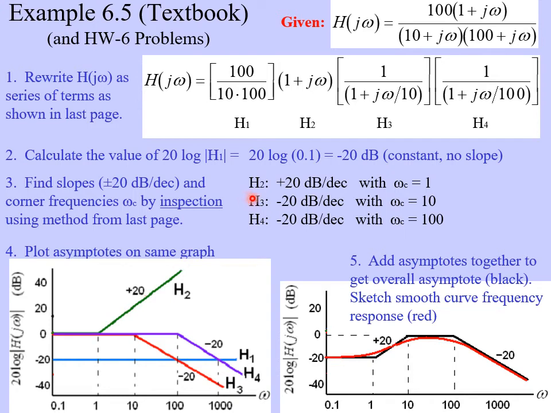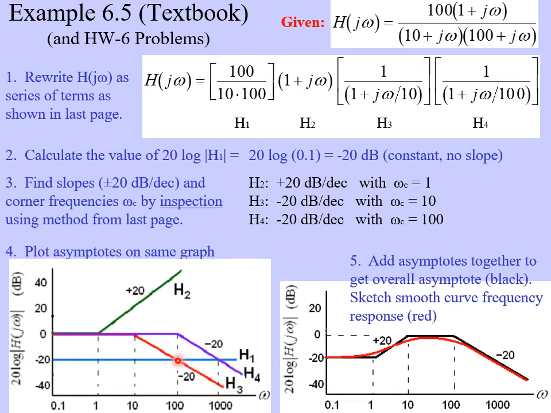All right, H3 is this term here. First of all, I can see immediately the corner frequency is at 10. And also, since this is one of those forms where it's 1 over 1 plus j omega over 10, I know that the slope is going to be -20 decibels per decade. So I start at 0, I go straight across till I get to, right here, at 10. There's a corner, and then this red line goes down at -20 decibels per decade. That's the slope, and that's H3.